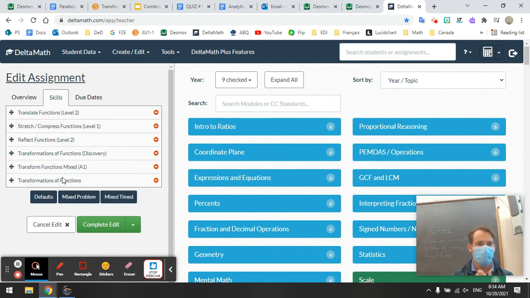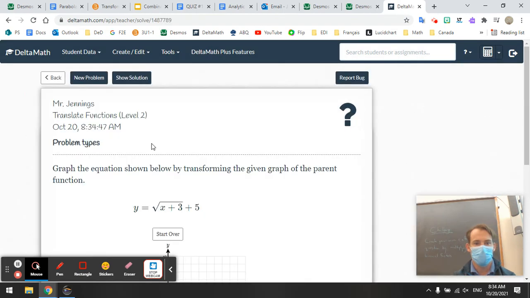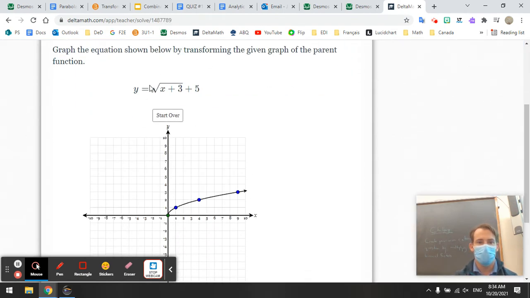So you'll notice lots of different skills here. So there's translating functions. So this is just applying translations to functions. Here I want to recognize that I'm adding 3 to the inputs, and then I'm adding 5 to all the outputs.